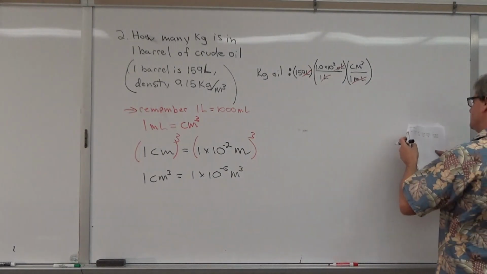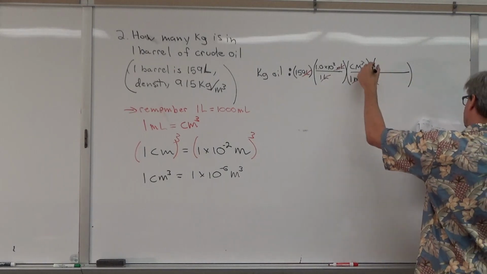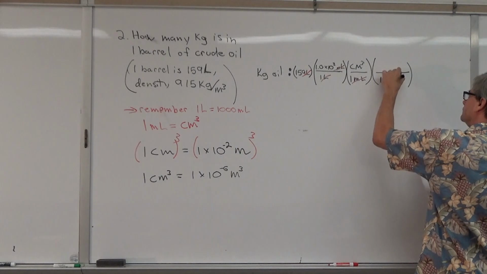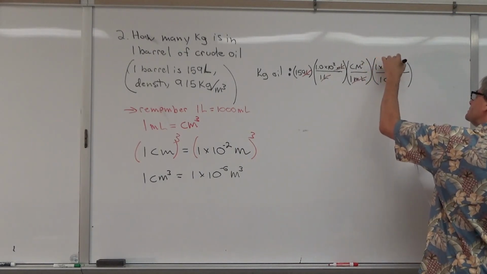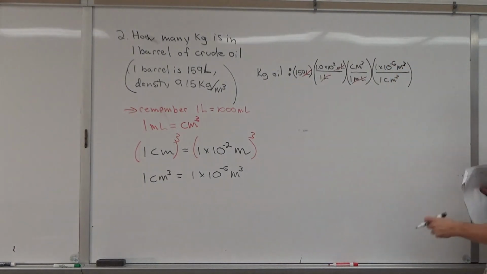I'm now at cubic centimeters. I know my relationship between cubic centimeters and cubic meters: 1 cubic centimeter is 1 times 10 to the negative 6 cubic meters.